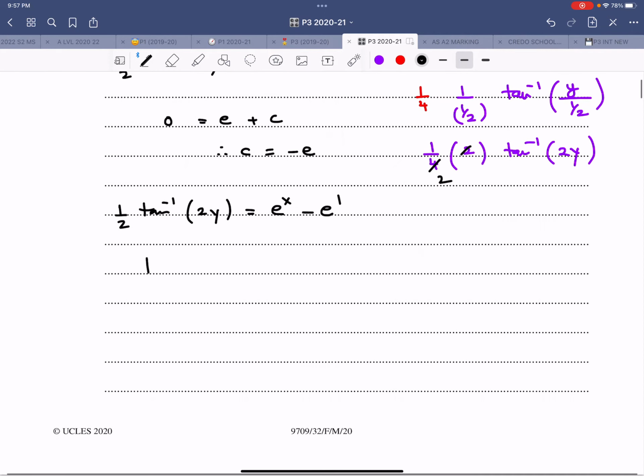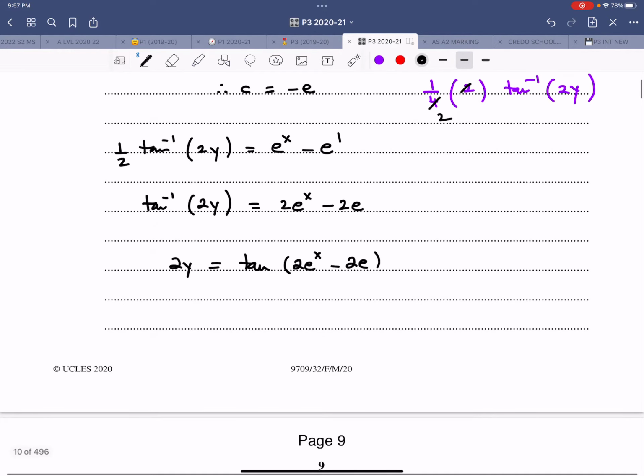Multiply it by 2, so this is tan inverse 2y equals 2e^x minus 2e. 2y is equals to tangent of 2e^x minus 2e. Therefore make y the subject, divide by 2, and that is your answer.